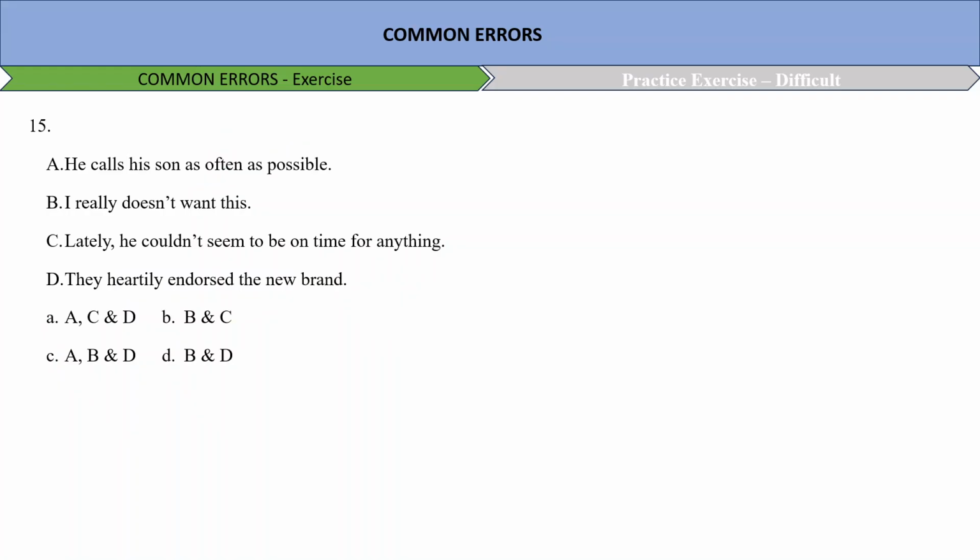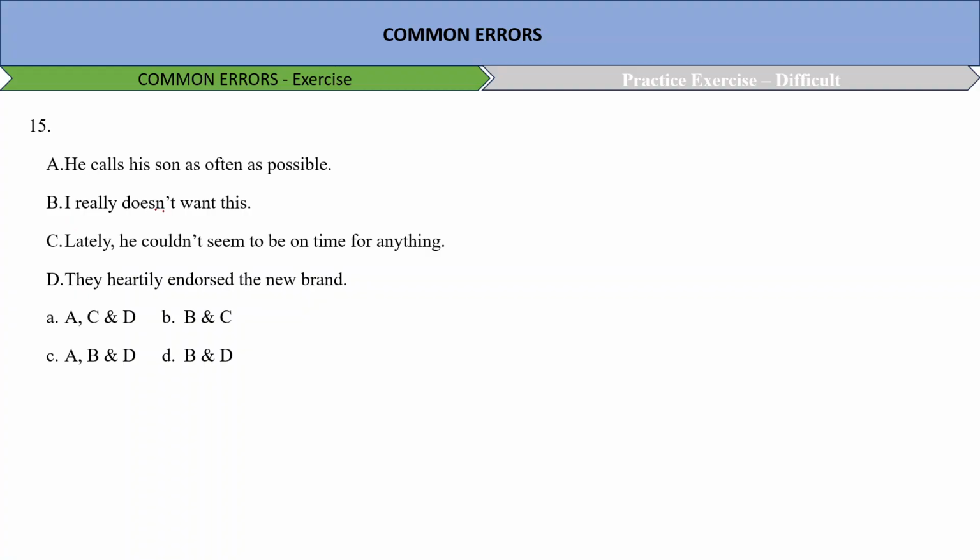I really doesn't want this. And the next is lately he couldn't seem to be on time for anything. They heartily endorse the new brand. Okay. In this sentence you see I will always take don't and not doesn't.